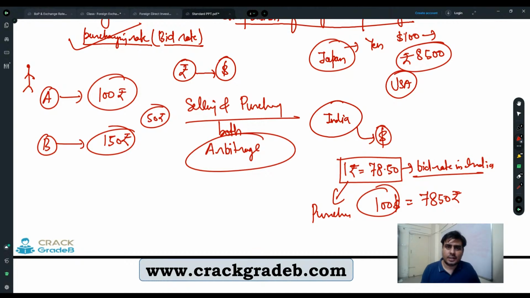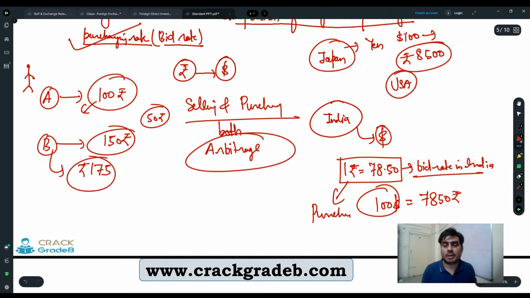So all of a sudden he got more greed for making profit. He started purchasing from here, but artificially here he is saying that apples are not available, right? There is a low supply, and that's why we are increasing the price to 175 rupees per kg.